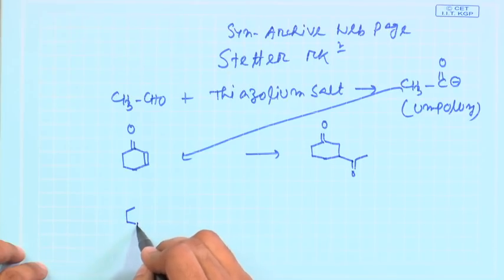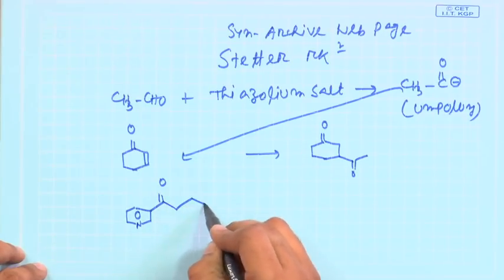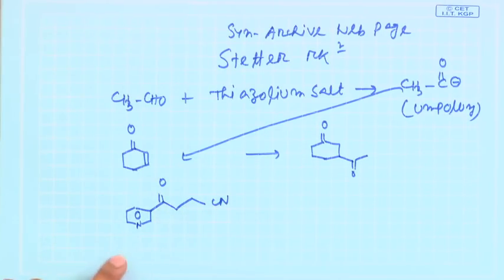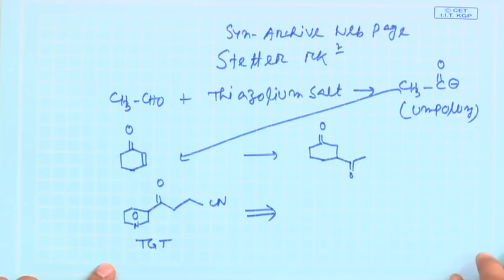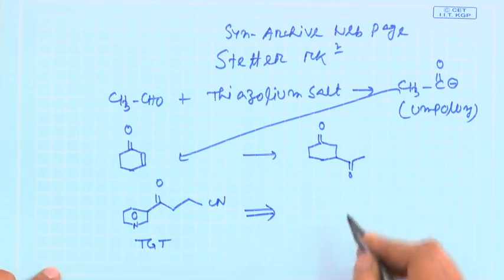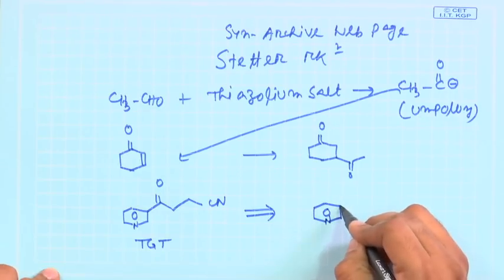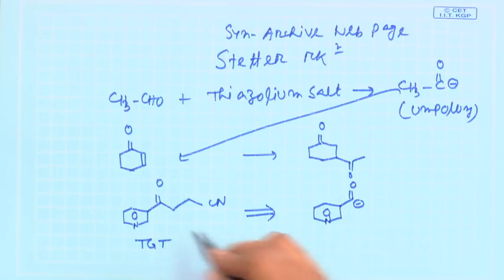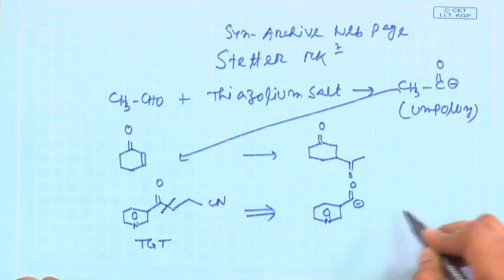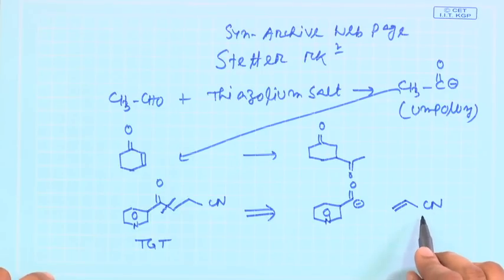I will try to give you another very interesting example. Say I want to synthesize this target molecule by using Stetter reaction. As I said, Stetter reaction is a good way to generate umpolung carbonyl nucleophile. So, you can just disconnect this molecule like this. Now, for this part you have to formulate a Michael acceptor, you can use acrylonitrile.